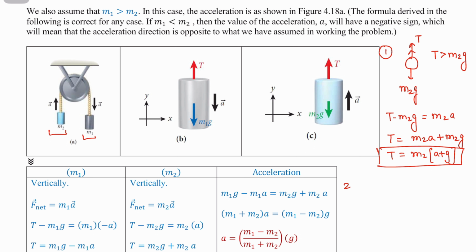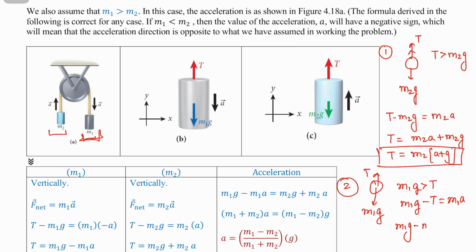Second equation, the body is going down. M1G is going down and tension is up. So can I say M1G is greater than tension? M1G minus tension is equal to F net, M1A. So what is the value of tension here?